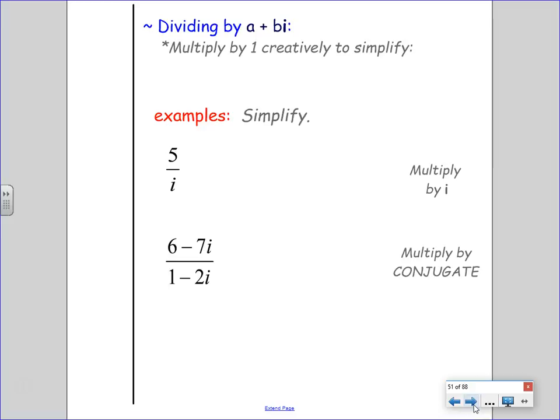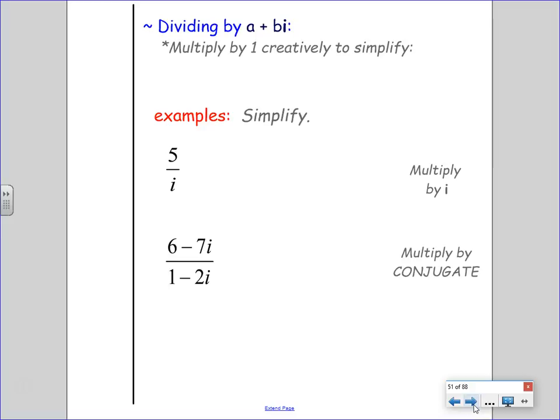Is there anything else with denominators that shouldn't remain? No, x's are allowed. I mean, we have domain problems. But something from algebra 2. Oh, the square radical. We're not supposed to leave radicals in denominators, right? Similar idea with imaginary numbers. We're not supposed to leave imaginary numbers in denominators either.